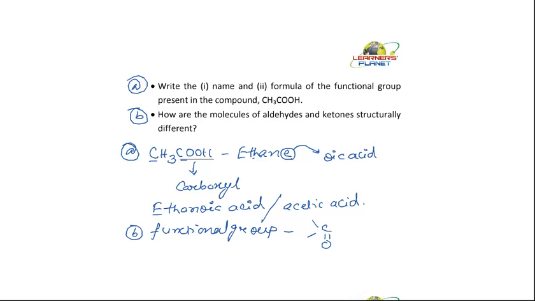But in case of aldehydes, it is R, that is an alkyl group, there is a hydrogen and there is double bond O. But in case of ketones, there is C double bond O, there is one R, that is an alkyl group, and another alkyl group.